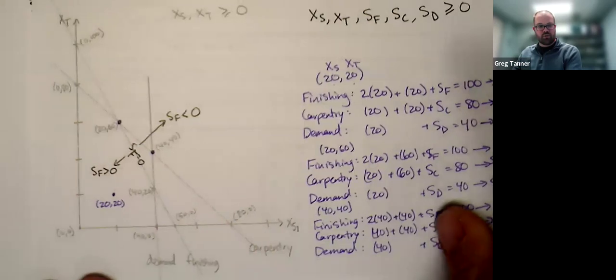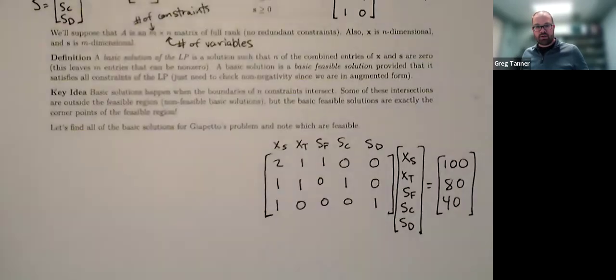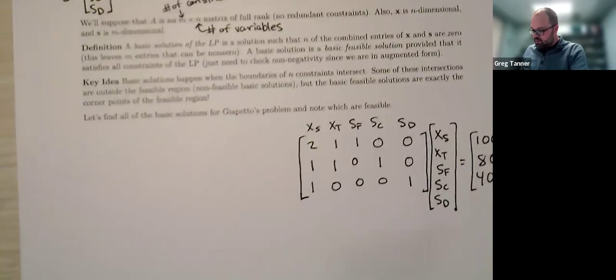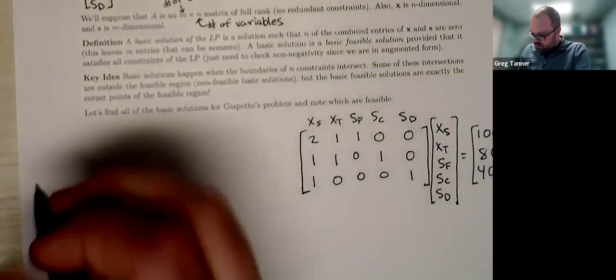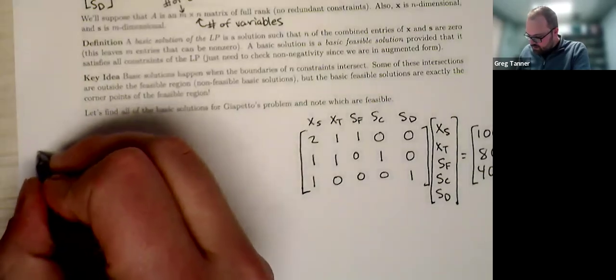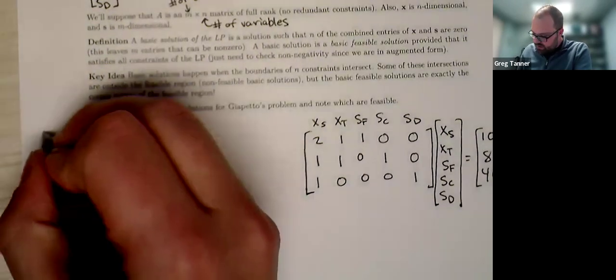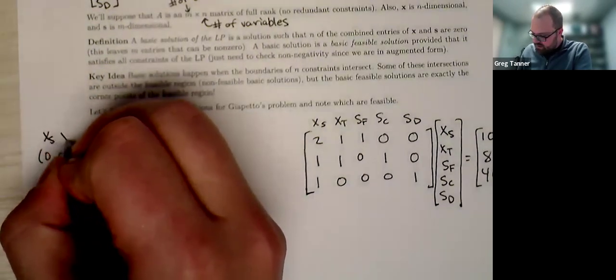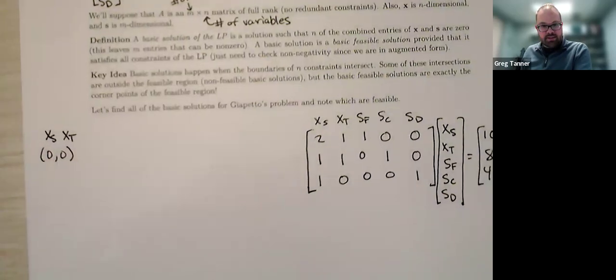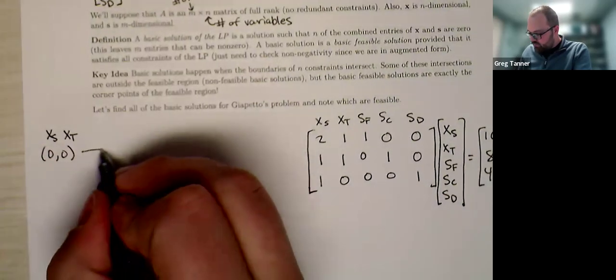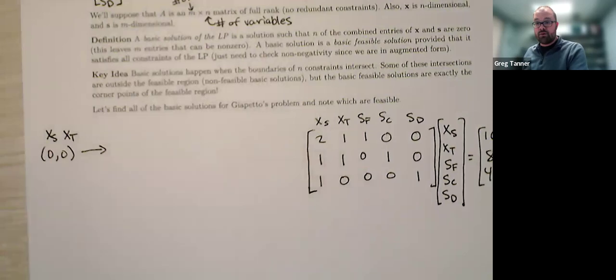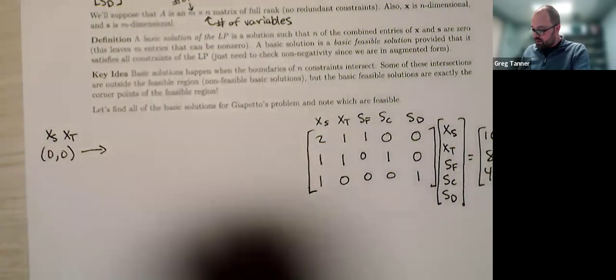Let's write down what each of those are. I'll write down the first one: 0, 0, in coordinates of xs, xt. Let's figure out the full augmented vector for that, including the slack variables.